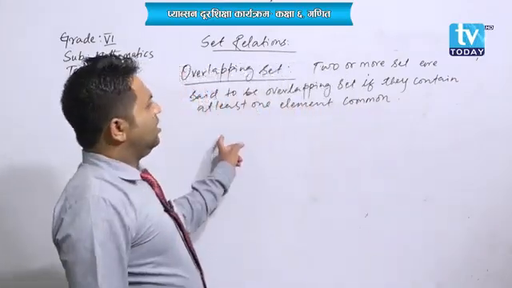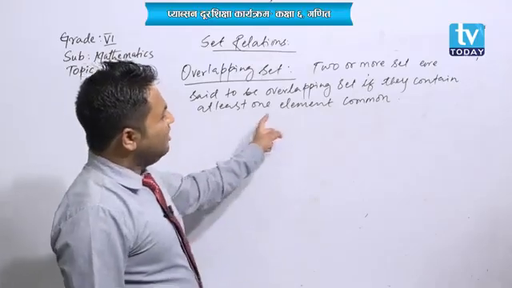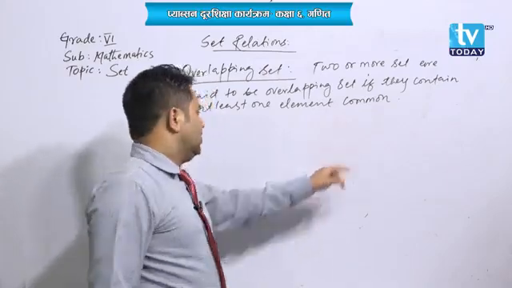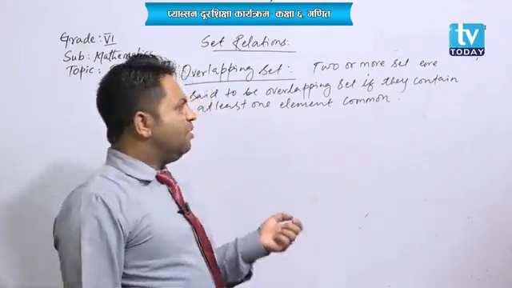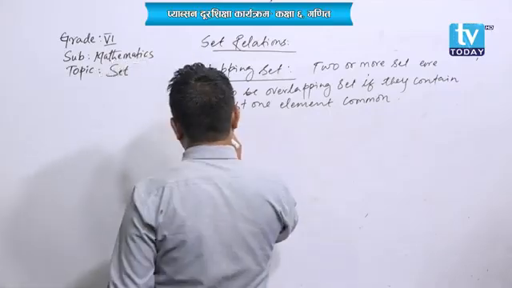Is that clear? There should be at least a minimum of one element common. Let me write an example so it will be clear for you.